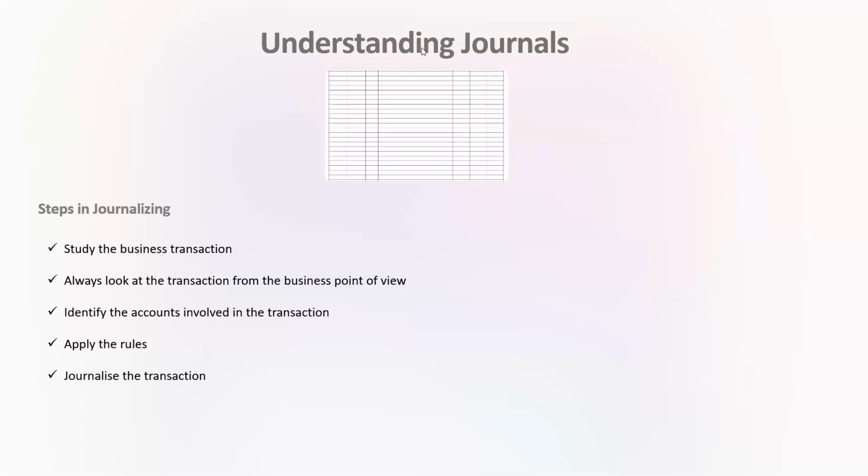The owner's account is something different. That's his or her personal account, and the company's account is separate, even if both accounts are maintained in the same bank. So while recording any transaction, you have to see it from the business point of view.